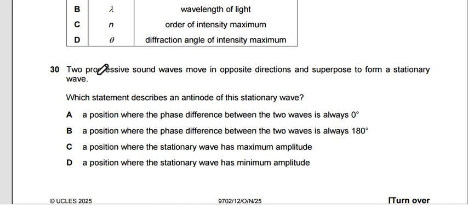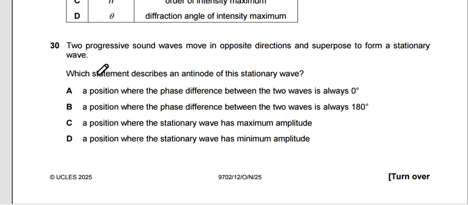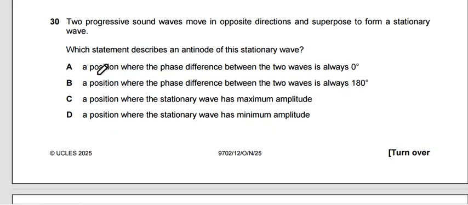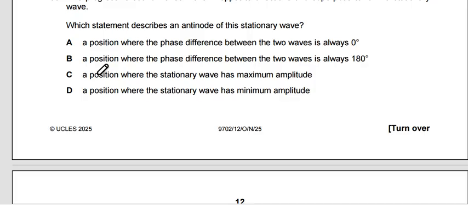Two progressive sound waves move in opposite directions and superpose to form a stationary wave. Which statement describes an antinode of this stationary wave? Position where the phase difference between the two waves is always zero. This is not the definition of an antinode. Position where the phase difference between the two waves is always 180.